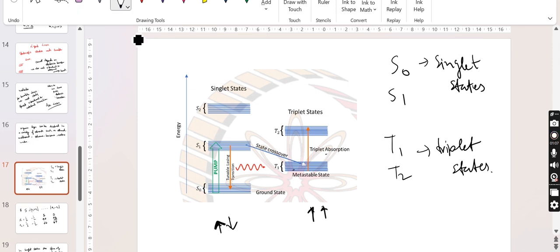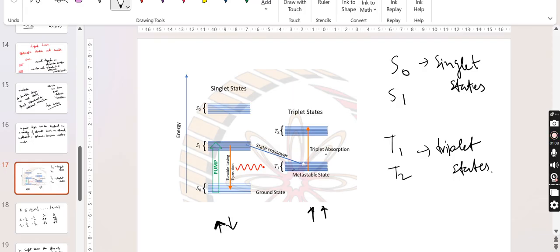Basically the splitting of this level, the very closely spaced vibrational and rotational levels, helps us to get the tunability of the laser.